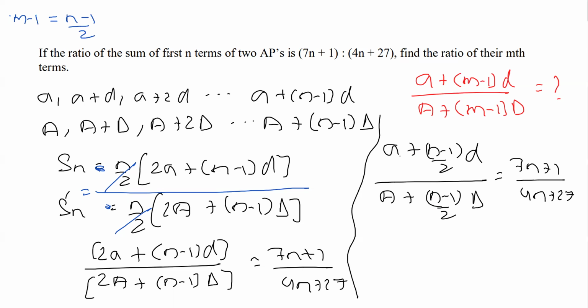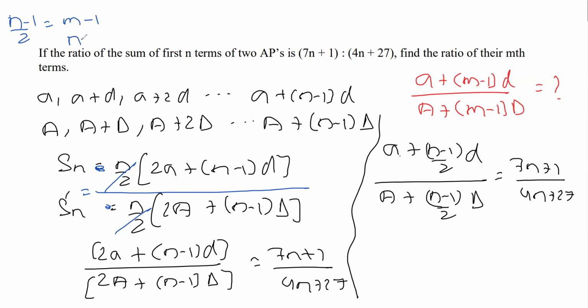Why am I doing so? Because we have to get this and we have this. So that's the reason we are equating, to replace n with m. You can write either way, both are correct. That means we replace (n minus 1) by 2 with m minus 1.